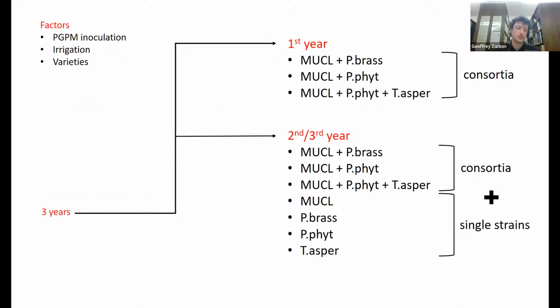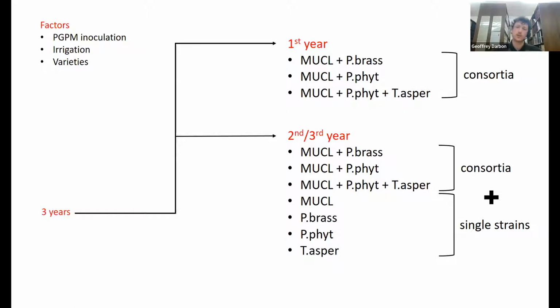In the early phases of the SolACE project, greenhouse trials were performed to select consortia, mixes of these microbial strains, that were the most promising to improve potato growth.